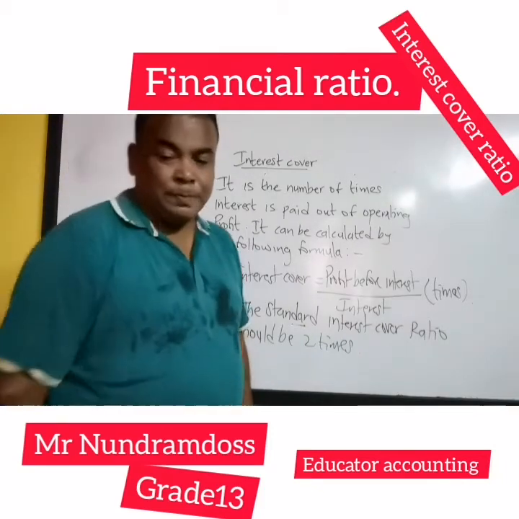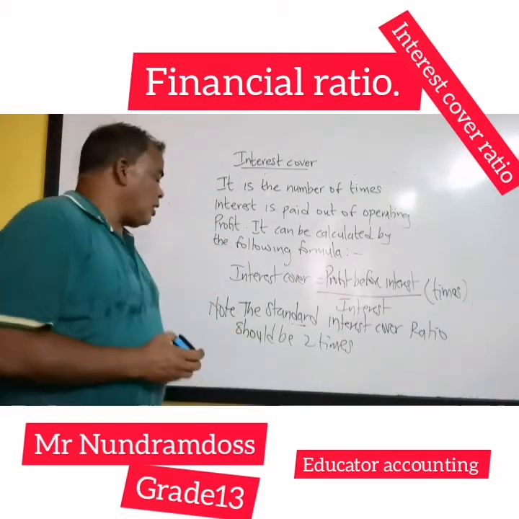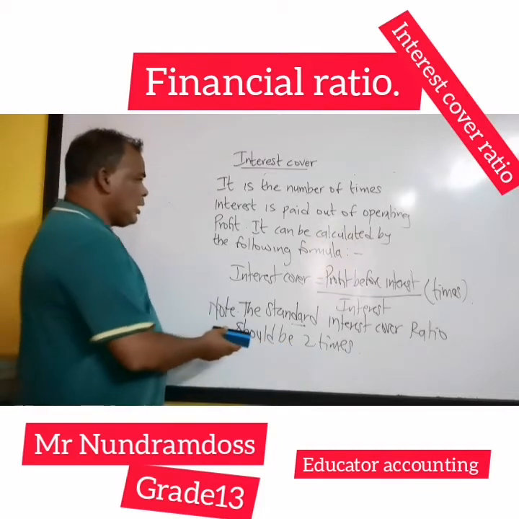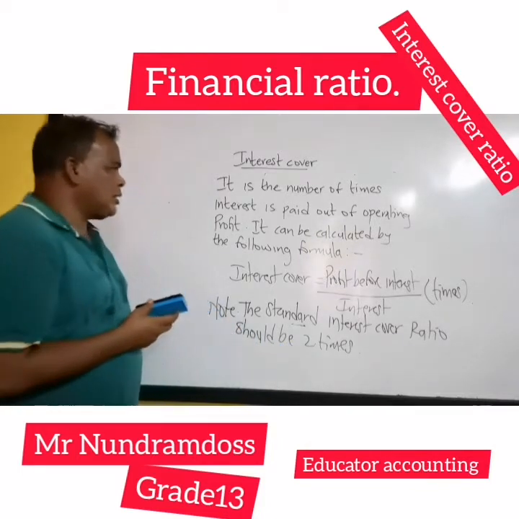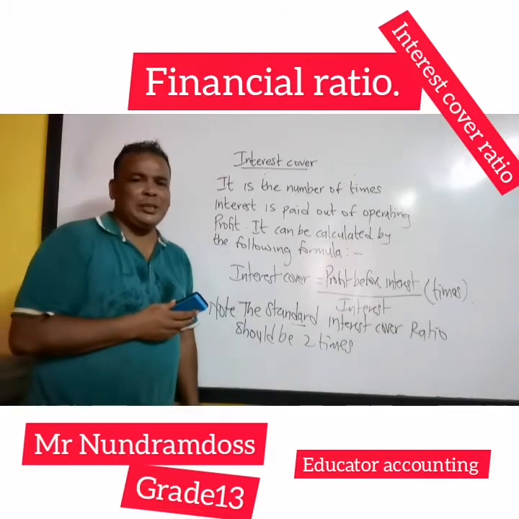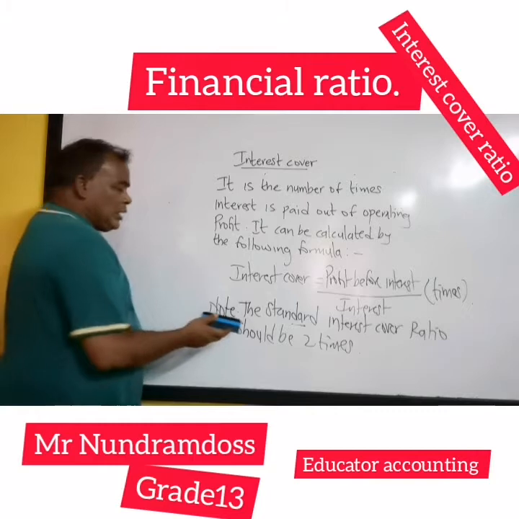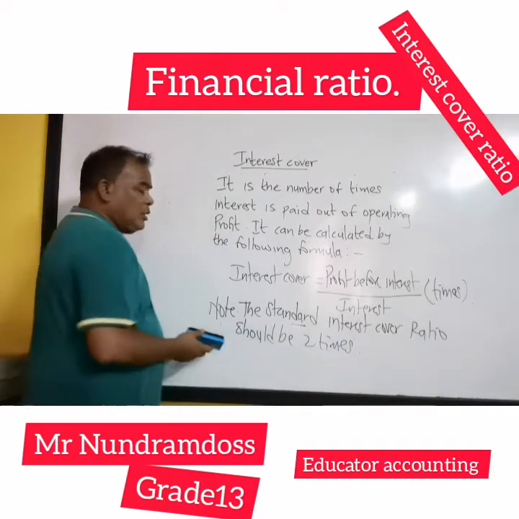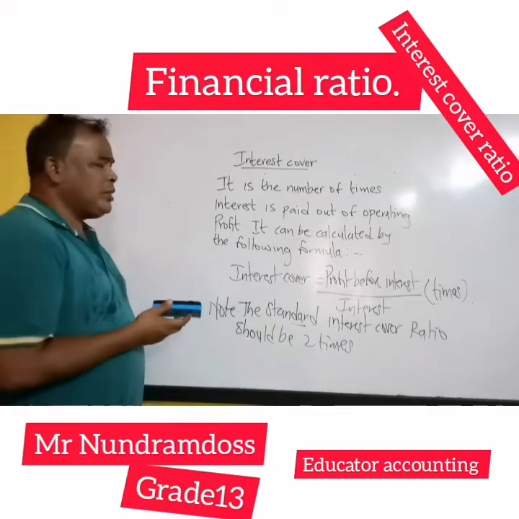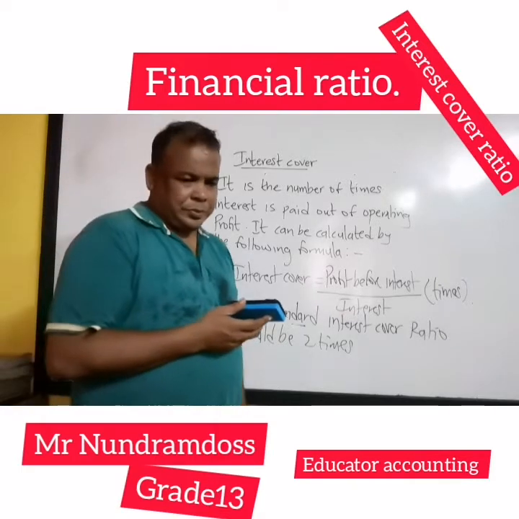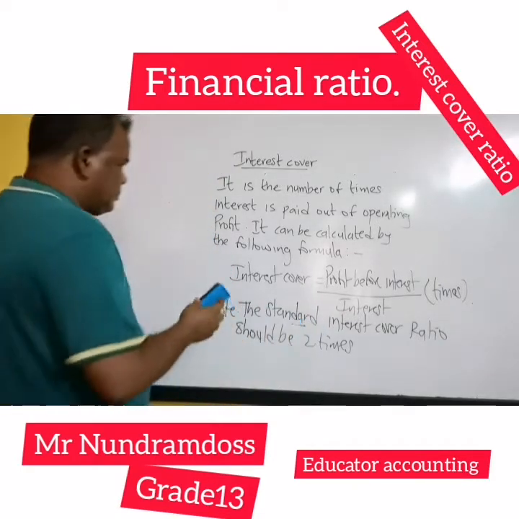If a company gets an interest cover of less than 2 times, it means that the company is experiencing problems in paying interest charges. If it gets an interest cover of more than 2 times, it means that the company can pay its interest comfortably. So, let's see an example.